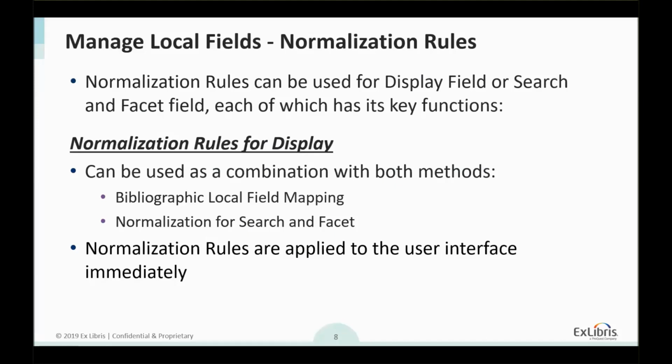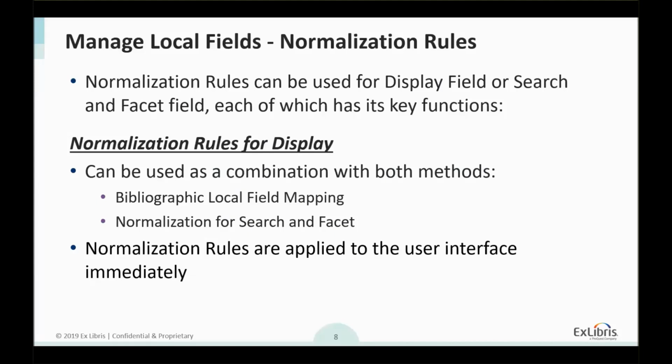So if, for example, you would like to present a field with a specific subfield and also use this field for search and facet, you can use it as a combination. I will also show you a real example of how to create this in the coming slides.